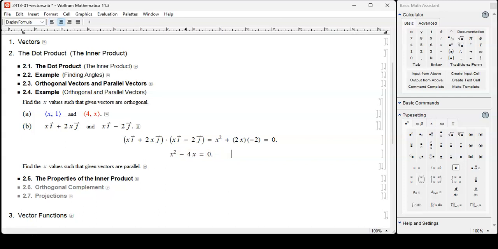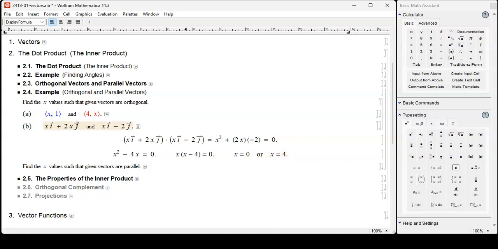Factor x out: x times x minus 4 equals 0. So we're going to get x equals 0, or x equals 4. Those two cases. x equals 0 is going to be a trivial case.